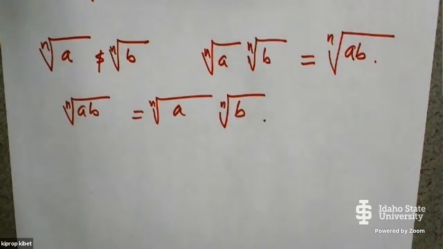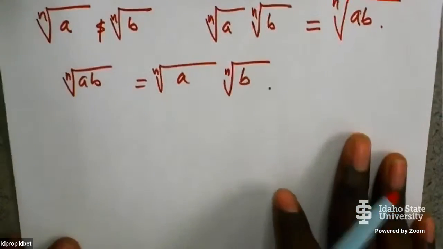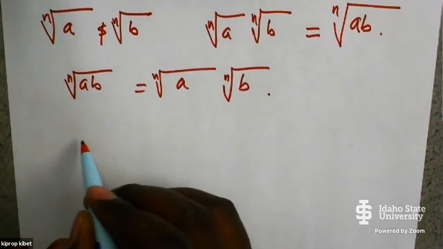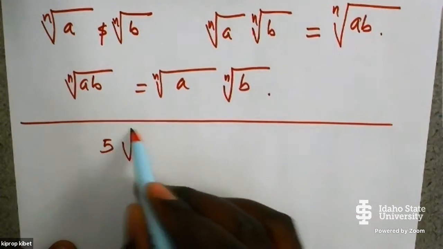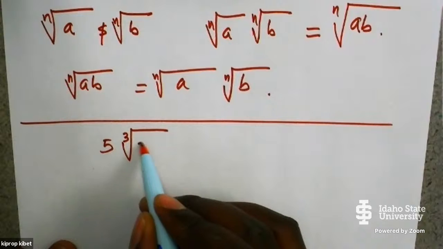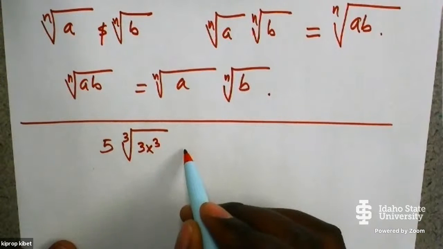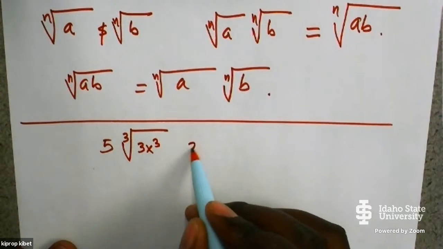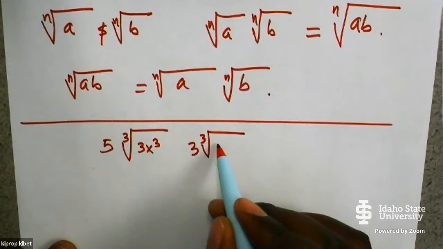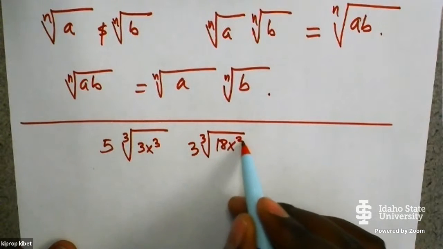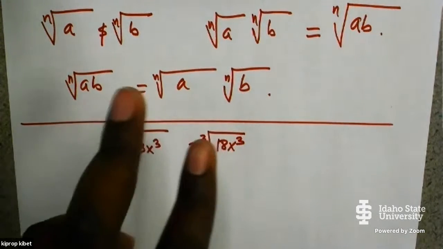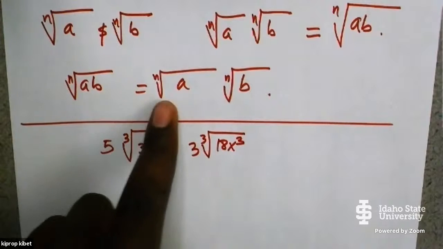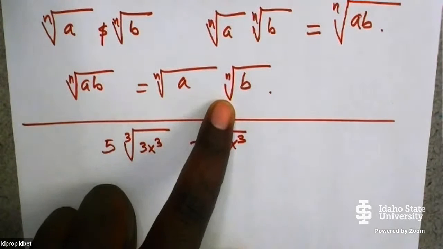Now, example. If we're told to simplify 5 times the cube root of 3x cubed and 3 times the cube root of 18x cubed. Again, when you're multiplying, the radicals should be the same.